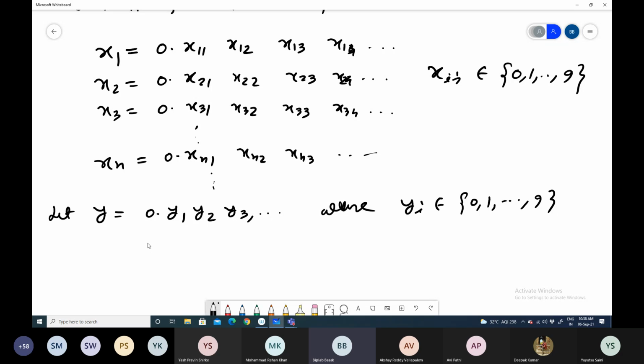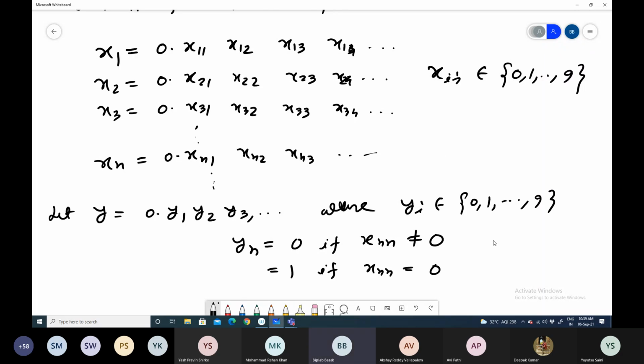The main property is we will take yn equal to 0 if xnn is not equal to 0, and we will take yn equal to 1 if xnn equal to 0.